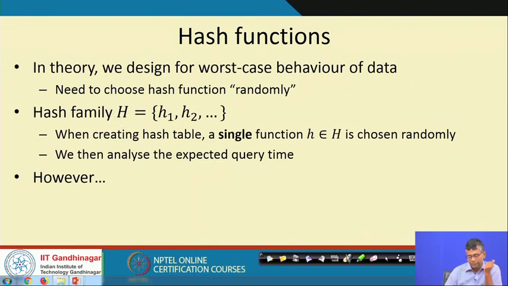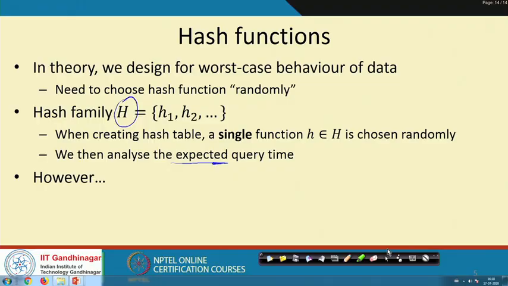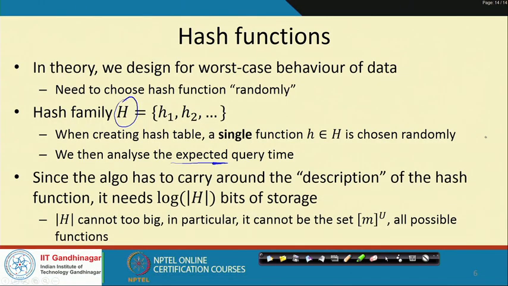It might seem natural to choose the hash function uniformly at random out of all possible functions. However, there is a catch. The algorithm also has to carry around a description of the hash function, because when the query comes, the algorithm again has to calculate the value of h of the query. So it has to carry around code that is essentially the description of the hash function.